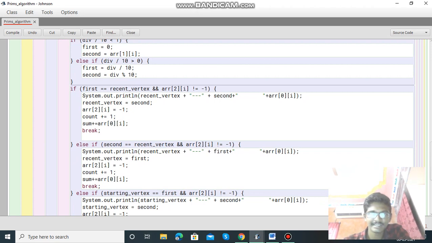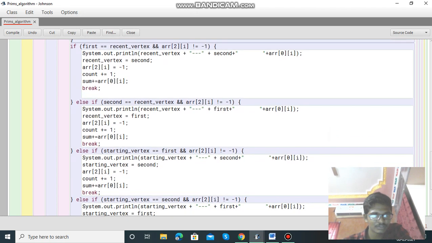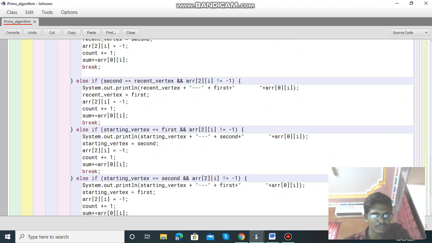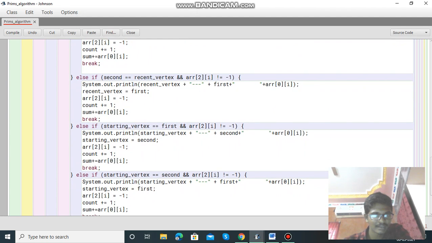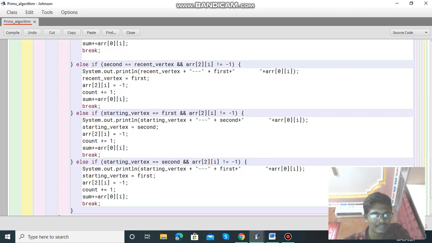System.out.println recent vertex plus second plus array of 0 into i, recent vertex equals second, array of 2 into i equals minus 1, count plus equals 1, sum plus equals array of 0 into i, break.